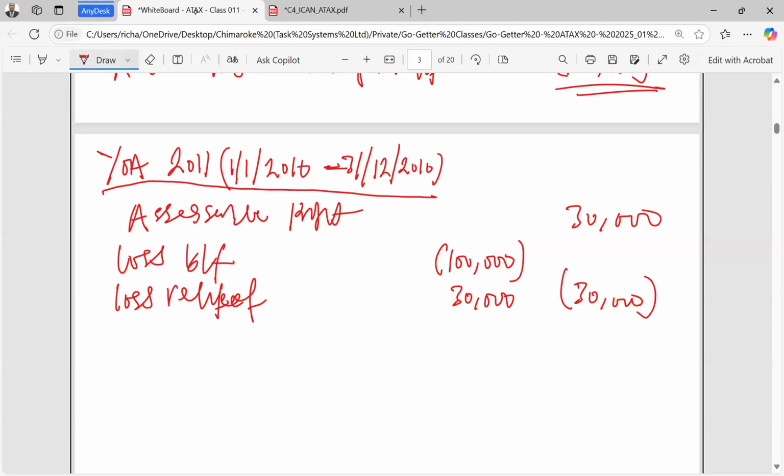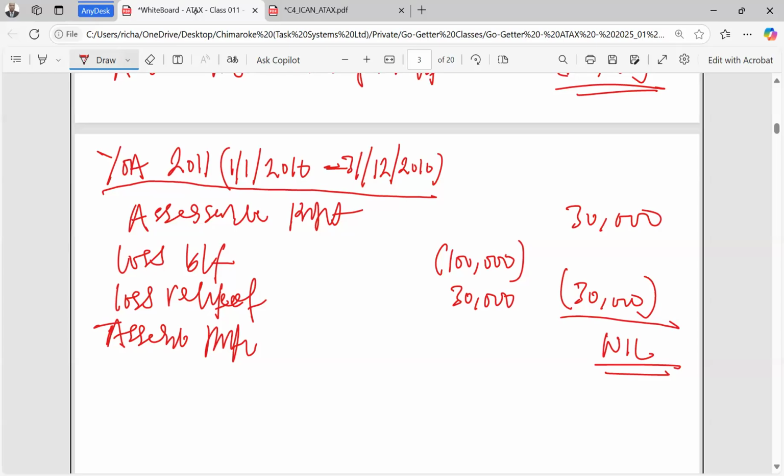Why? Because you're going to take it from this 30,000, but here it was minus before. You are reinstating. What it means is that 100,000 is your debt. 30,000 is available to be paid. That is why you brought it as positive. Now, this is where you actually pay it from this. So what you will now do here is, assessable profit here is going to be nil because this 30,000 has been paid with this assessable profit.